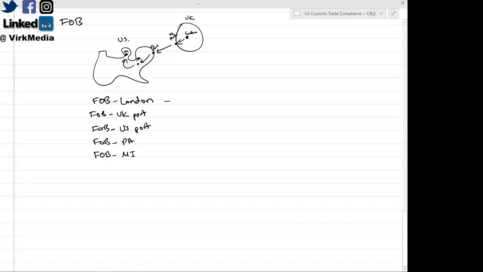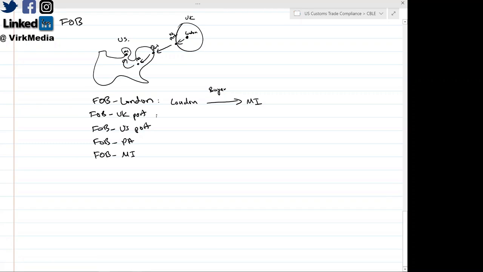So let's go through each one. For London, that means that the buyer is pretty much responsible for picking up the items in London. So what does FOB London mean? What FOB London means is that the buyer is responsible to pick up these items in London and take it all the way to Michigan.